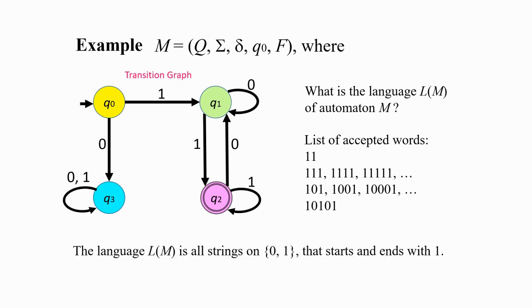So the language LM is the set of all words on 0 and 1 that start and end with 1. In formal notation, LM is the set of 1W1 where W is an element of sigma star.